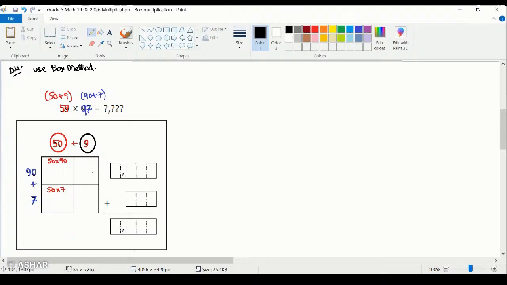So 9 is multiplied by 90 and 9 is multiplied by 7. That means 50 was multiplied by this, 50 was multiplied by this, then 9 was multiplied by 90 and 9 was multiplied by 7. Agree? The rule for multiplication.